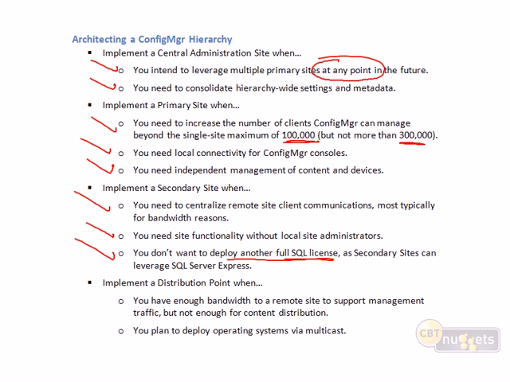So you might not even want to implement a secondary site if the number of clients in that location is very, very small. So when that's the case, you have an option of doing either branch cache or just simply sending down a distribution point to that location as a mechanism to ensure that the bandwidth doesn't get consumed by all of those clients trying to talk to their primary site server.